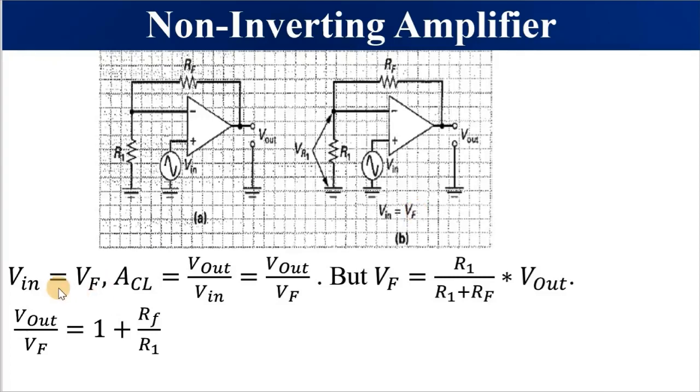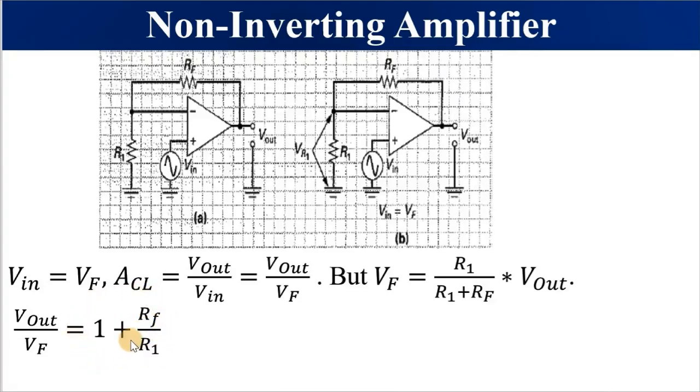Because Vin is equal to Vf, how do we calculate the closed loop gain? This is simply Vout divided by Vin, and since Vin is equal to Vf, this is the same as Vout divided by Vf, where we replace Vf by this formula. So our closed loop gain is going to be 1 plus Rf divided by R1.